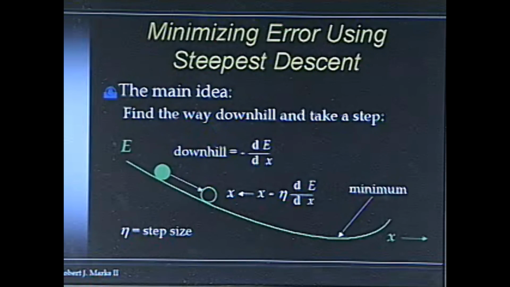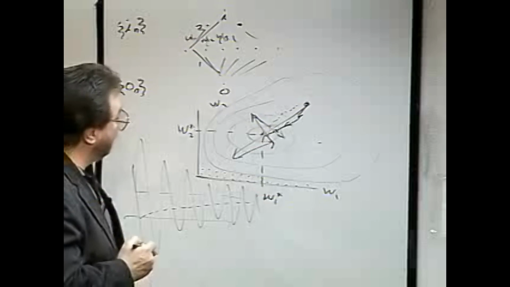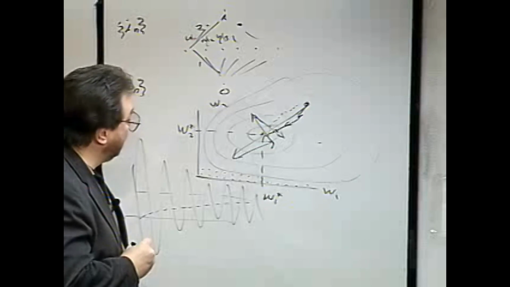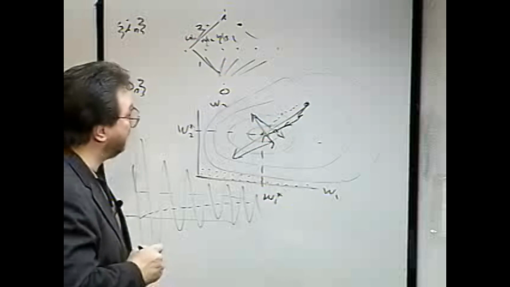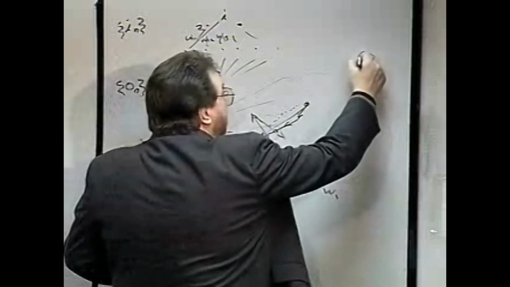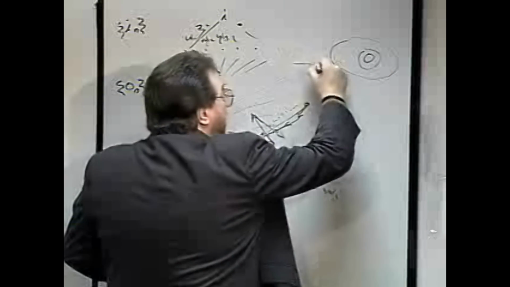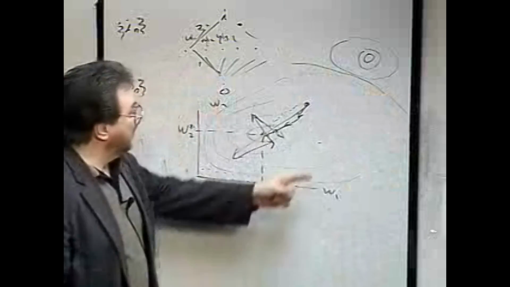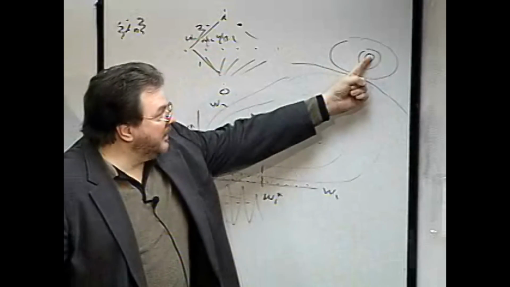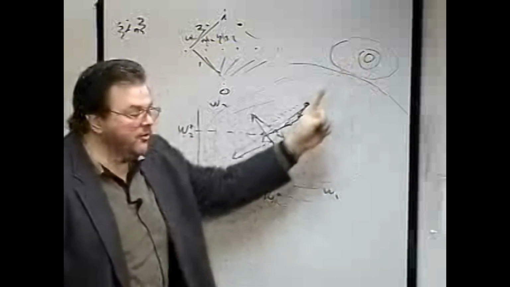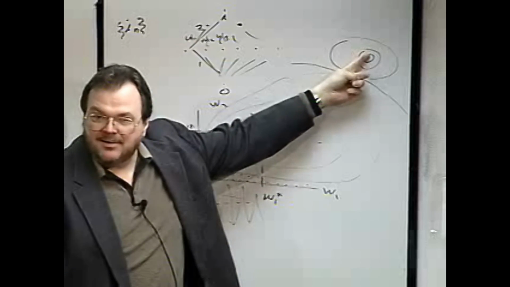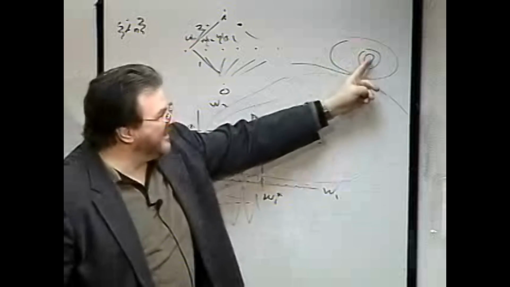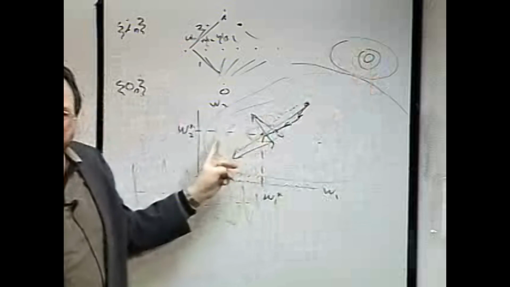Now there are other things which are fraught, and these are not problems with gradient descent or steepest descent or anything else, but they're general in optimization. You might have other things over here where these are contours. That's a minimum too, but this is a deeper minimum than this. This happens all the time. And maybe if you use steepest descent, you get caught here when you really want to be here.